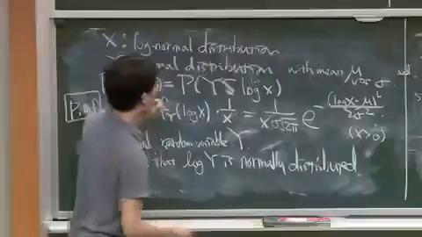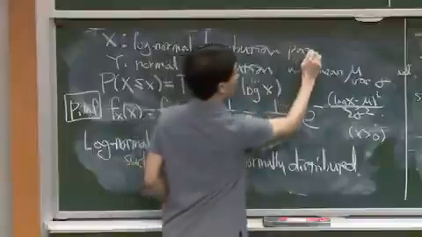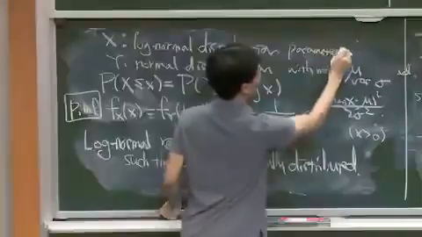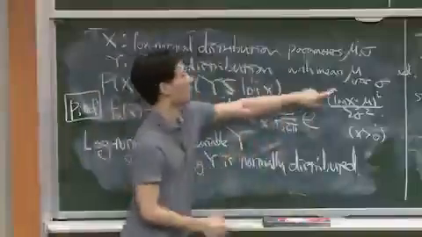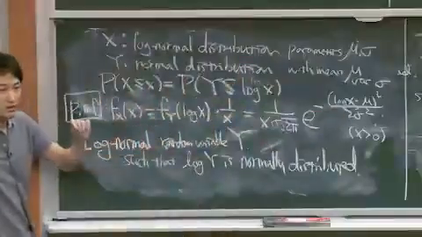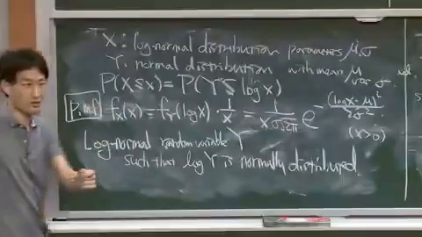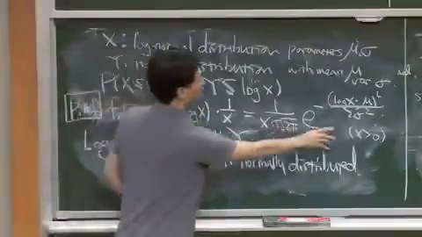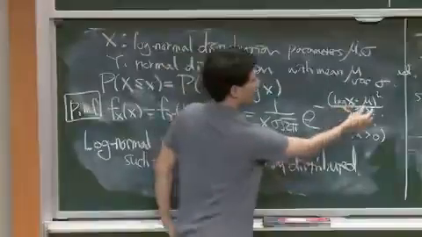One very important thing to remember is log normal distributions are referred to in terms of the parameters mu and sigma, because those are the mu and sigma coming from the normal distribution. But those are not the mean and variance anymore. Because you skewed the distribution, it's no longer centered at mu.